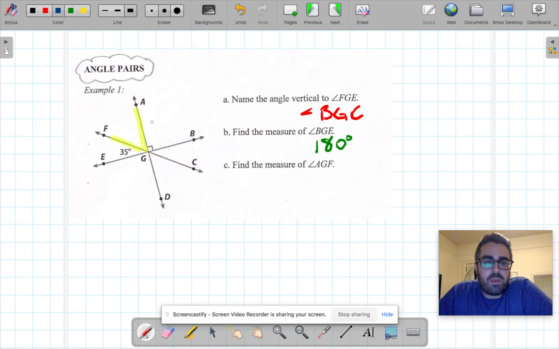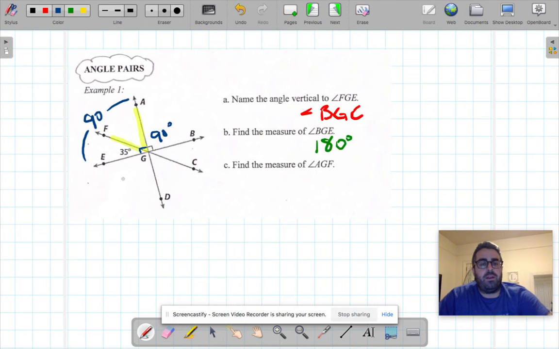Well, we see here that angle AGB right here has this little box indicating that it's a 90-degree angle. So if this angle is 90 degrees, that would make this part also have to be 90 degrees. So angle AGE would be 90 degrees.